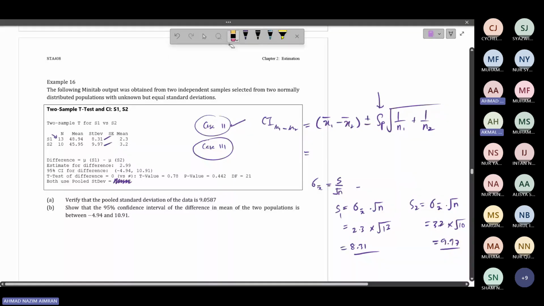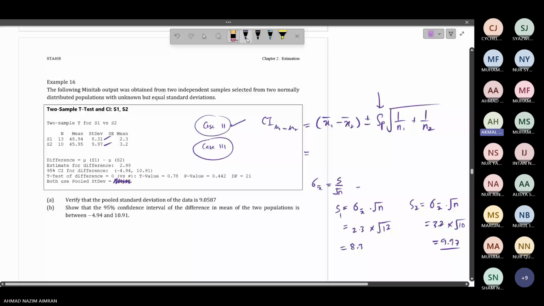Kalau yang S1 tu saya dapat 8.30. Okey. Sikit-sikit lah kan. Sebab yang ni dia dah bundarkan kot. So you boleh gunalah nilai yang you dapat.